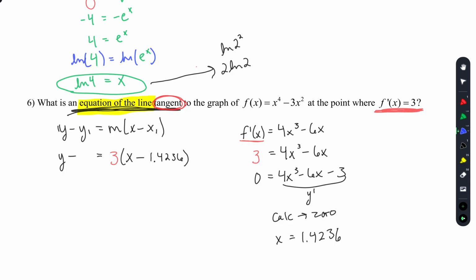Y. Where do I get y? So y1, or f of the psycho number. You have to raise it to the 4th power minus 3 times. I'm just plugging it in.